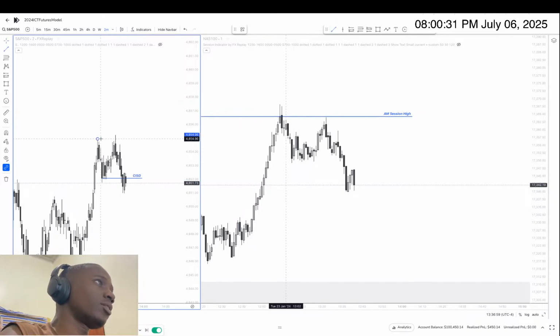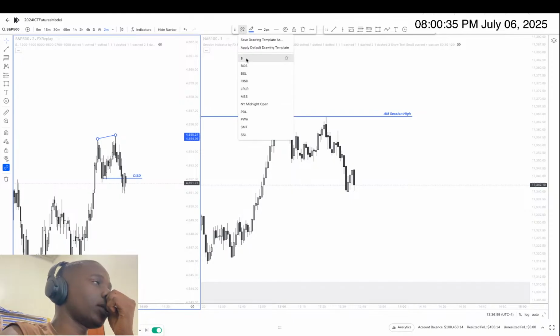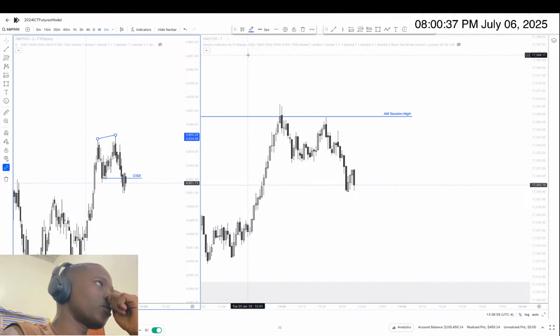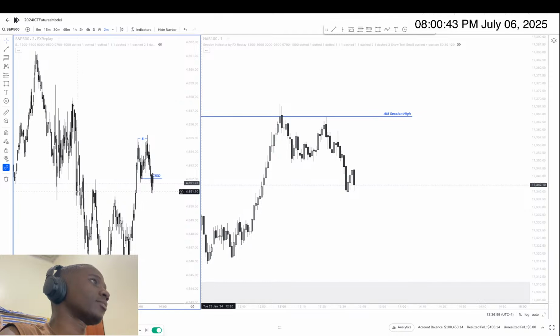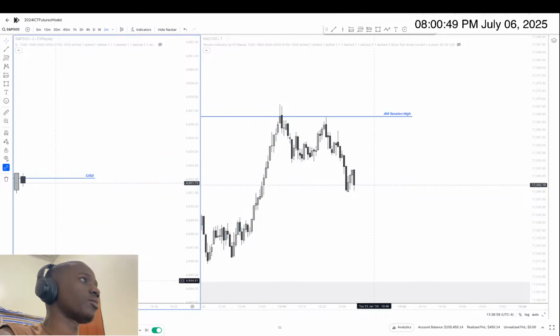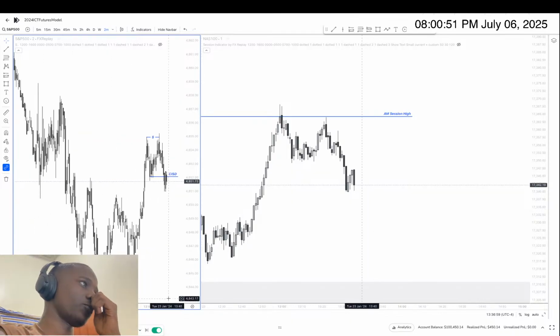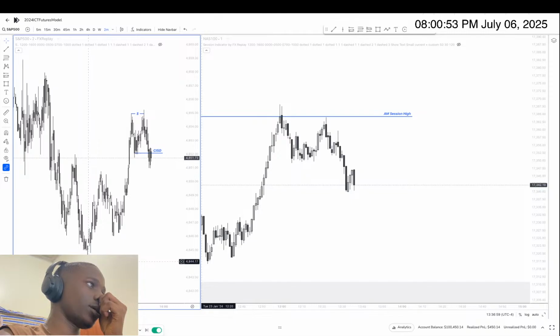We've got here to here. We had this sweep, and we also took out these highs from the AM session, so we might expand to the lows of the AM session right here.